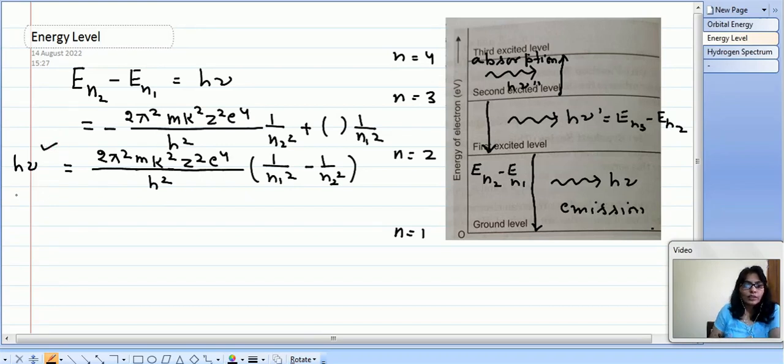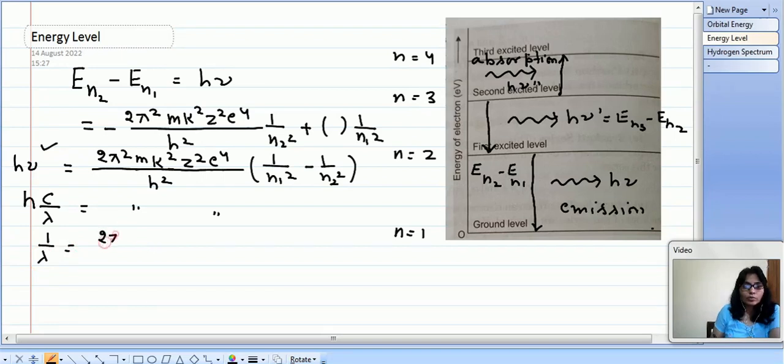Now we can write this same equation in another form. Let us write h nu as h c by lambda. So h c by lambda is equal to the same expression, and then 1 upon lambda is equal to the same expression divided by hc.